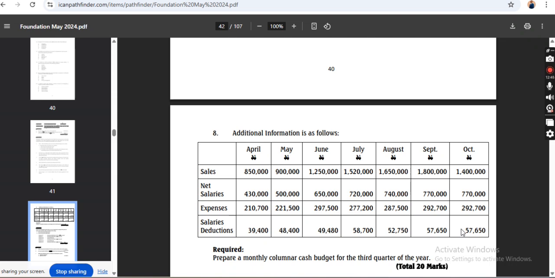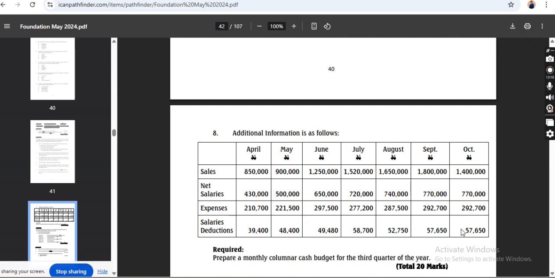What is the difference, class? The net is when all these allowances have been deducted. Okay. So what of the salaries deductions? I feel like those are the allowances which have been deducted. Okay, that's fine. That's a very good one.